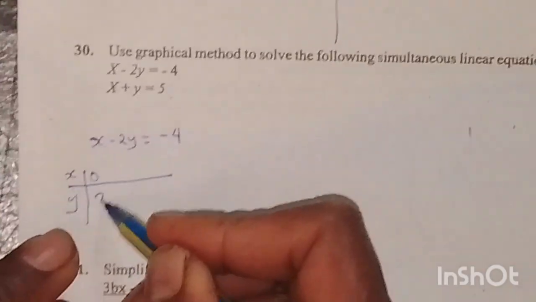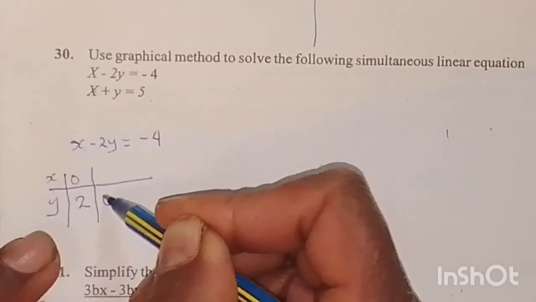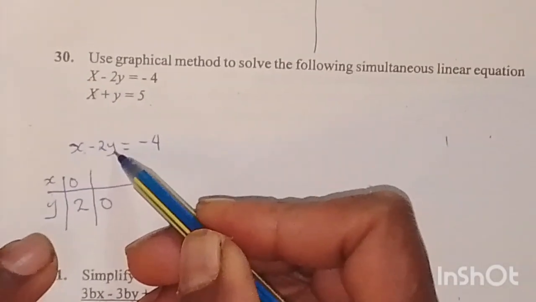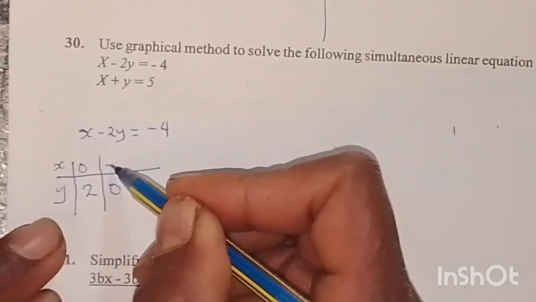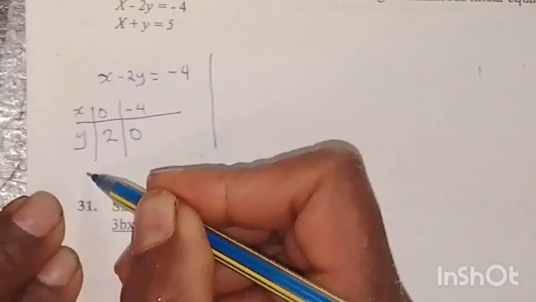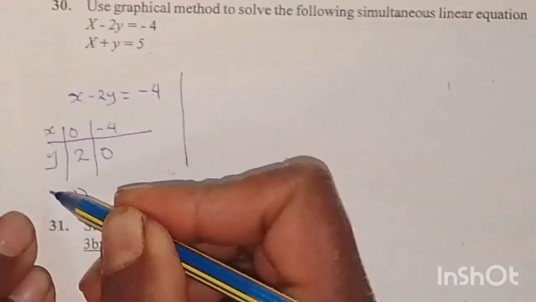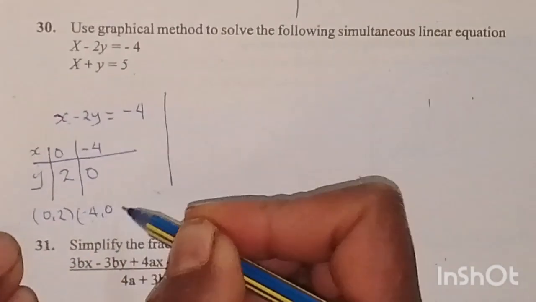The answer shall be 2. The other coordinate is if y is 0, then x shall be minus 4. That means the coordinates you draw shall be 0, 2 and minus 4, 0.